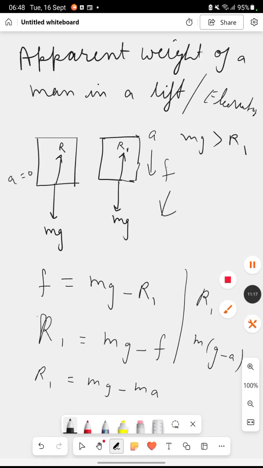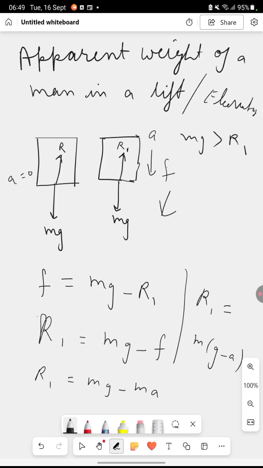Look at here. When the lift was at rest, its weight was mg. That was experienced by the lift or the human that is present in the lift. But now its weight is mg minus ma, that is experienced by the man that is present in the lift.